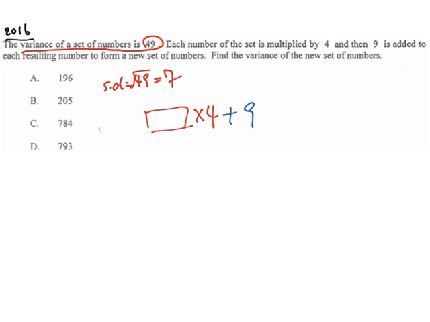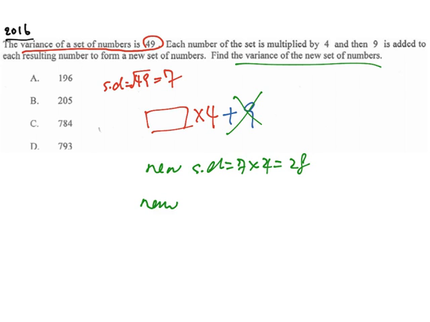And then find the new variance. For adding something, unchanged. For times, the new SD is 7 times 4, so it is 28. So the new variance is 28 squared, which is equal to (7x4) squared. So the answer is C.